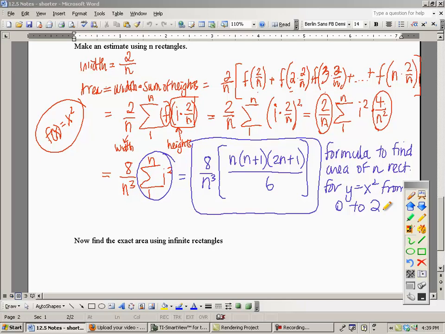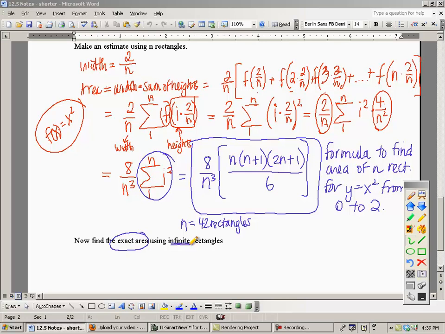Now, how would I find the exact area? Let me go back a second. This would say if I want to find the area for 42 rectangles, what I would do is make n equal to 42 and plug it in the formula. It would give me an area, which is great, but again, it's still an approximation. And if I want an exact area, I have to use infinitely many rectangles.